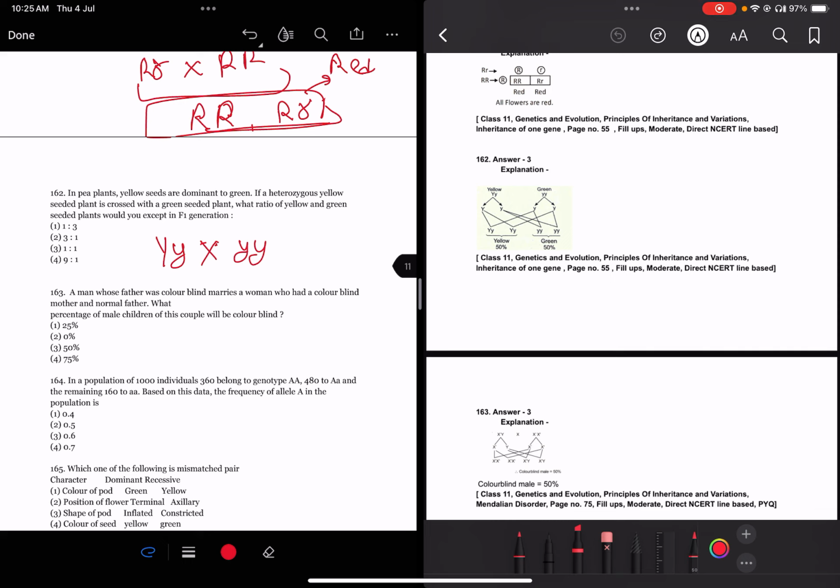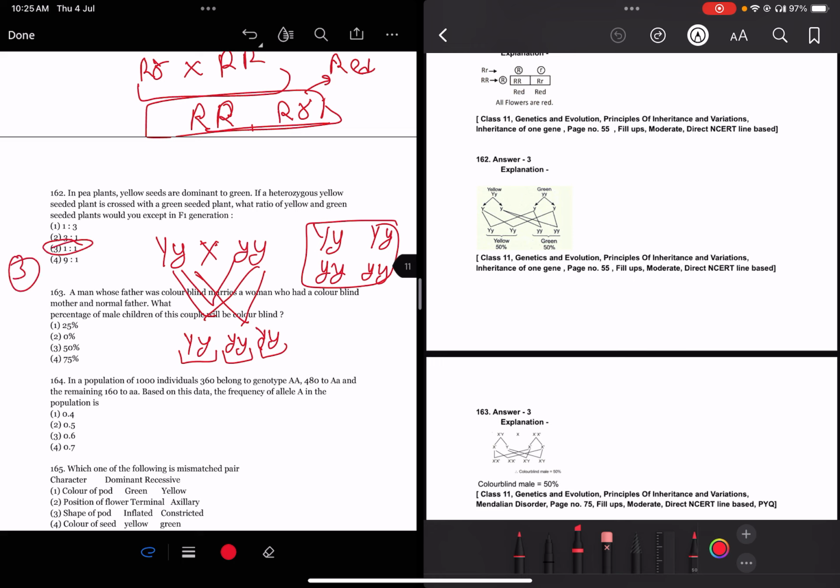F1 generation is a simple one cross. So for this trait, if we draw it out, the ratio is 1:1. 50% yellow and 50% green plants, because we are not taking the homozygous condition here.